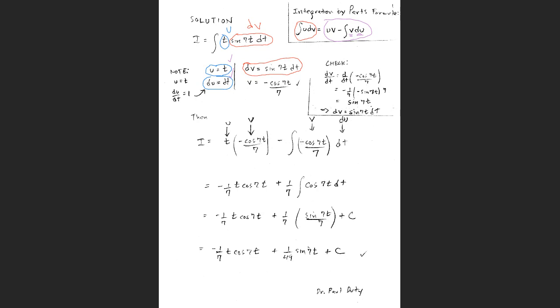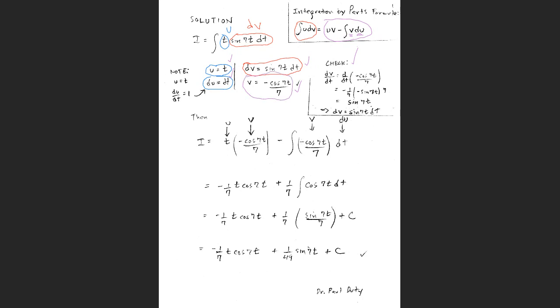But if dv is sine of 7t dt, it turns out that v is negative cosine of 7t over 7. Now, why would that be true? Over here, I've done a little check on that. I'm telling you that v will equal negative cosine of 7t over 7.